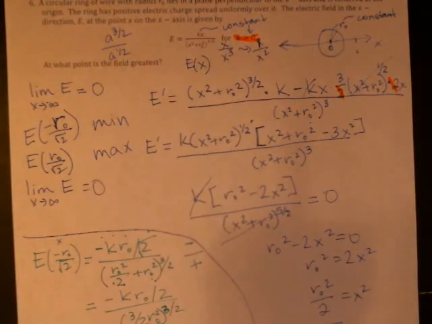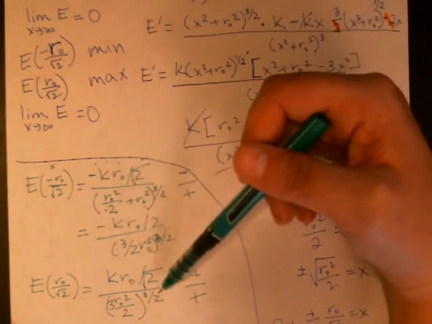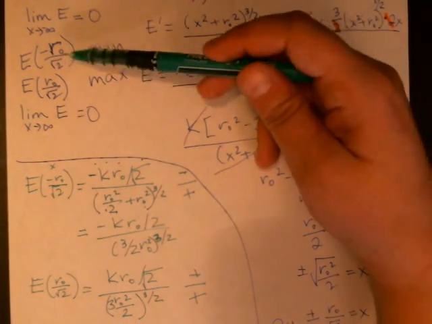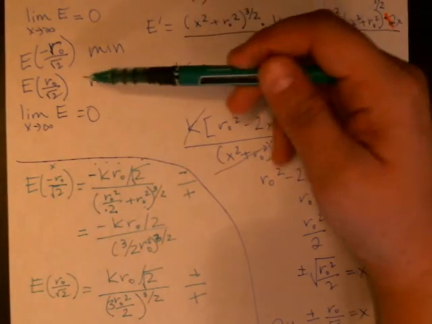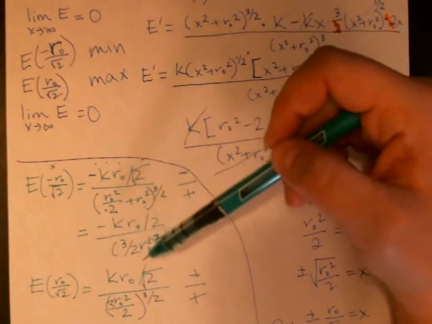I don't really care about the value of the min or max, but just to say that the field is greatest at, see, this is a funny one. I'm guessing here that the negative is just because there's a direction associated with it, so really the field is the same size at these 2 points, just going a different direction.